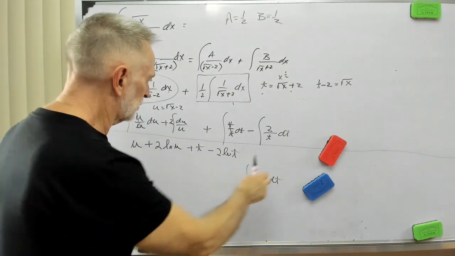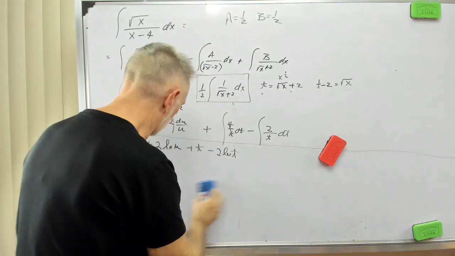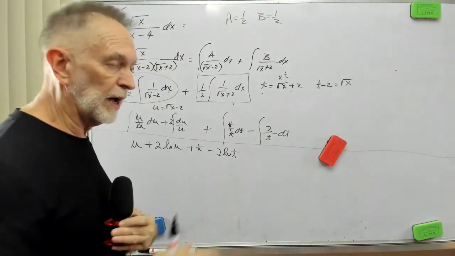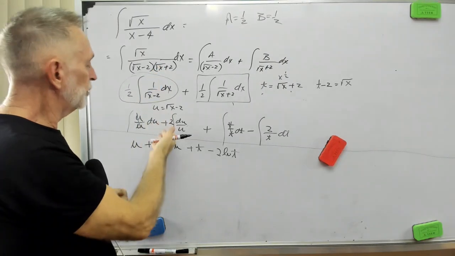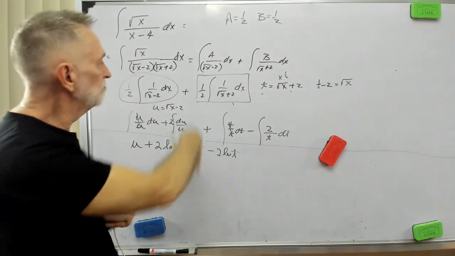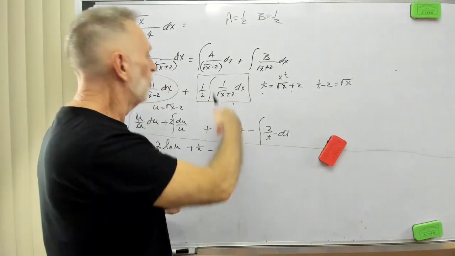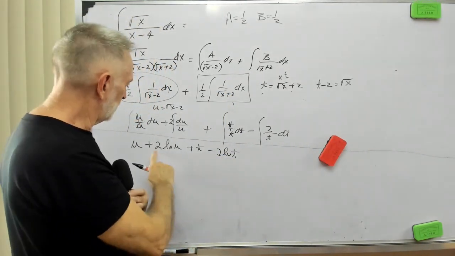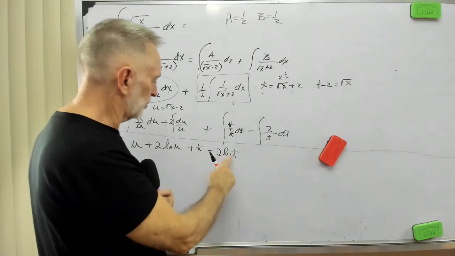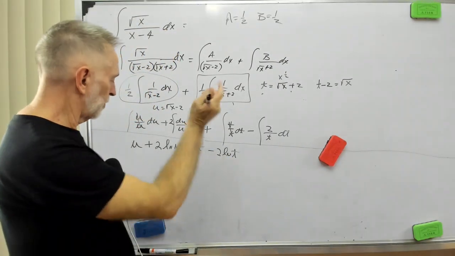I should at this time state something. The first time I worked this, I let u, substituted u, walked through the equation, and I ended up with 2 natural log u minus 2 natural log u.